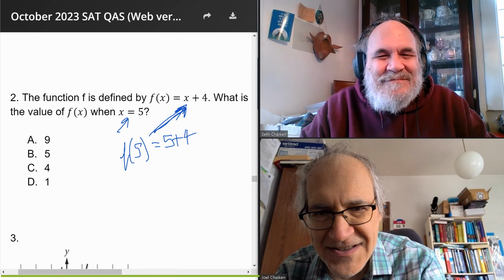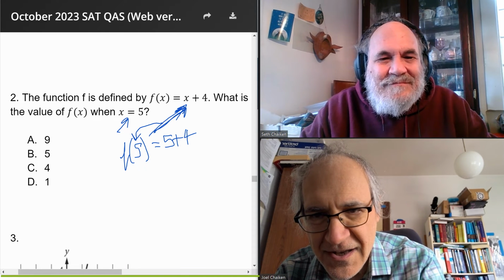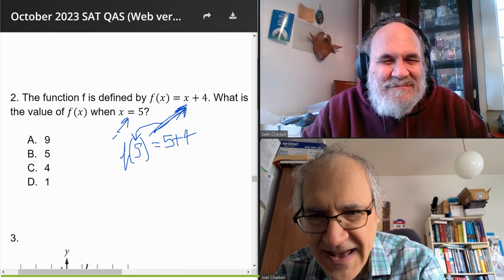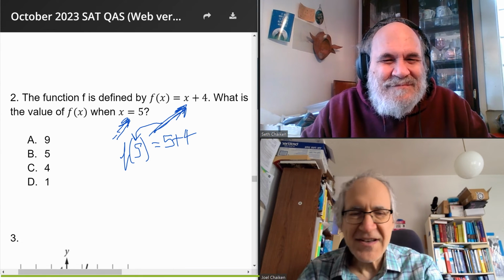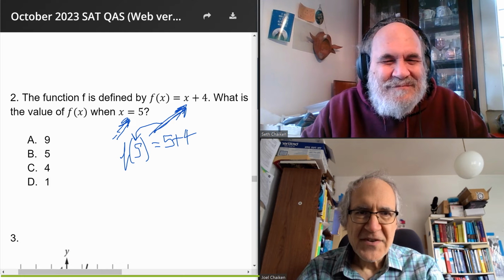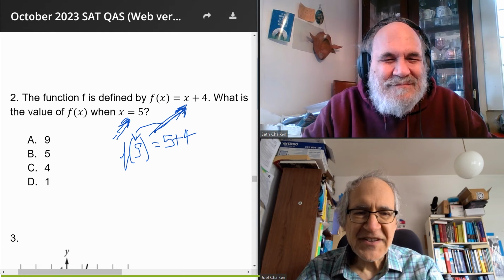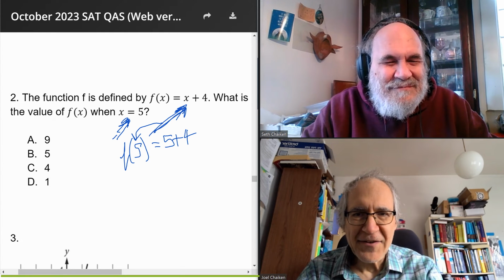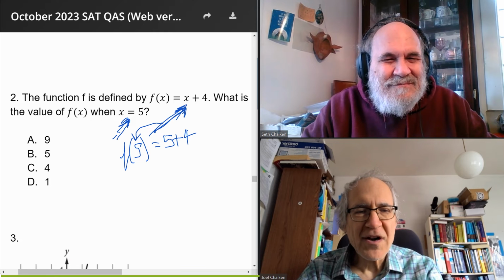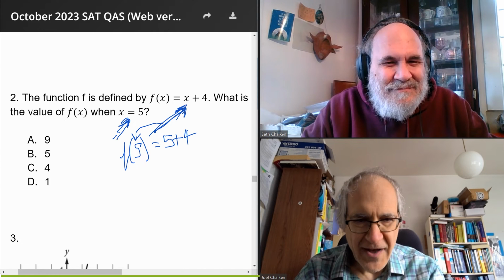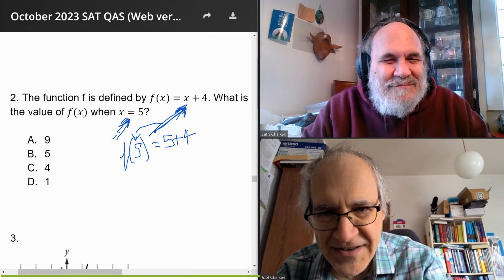Replace the x with what they're telling us x is. In English, this means evaluate x plus 4 when x is equal to 5. So you have to replace the x with 5.